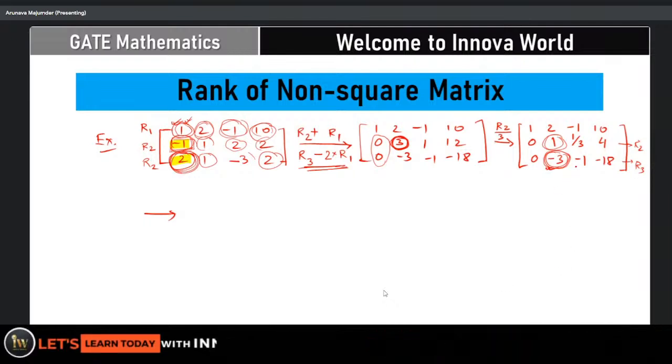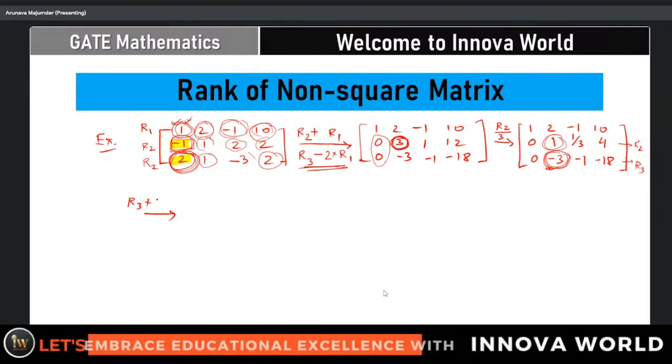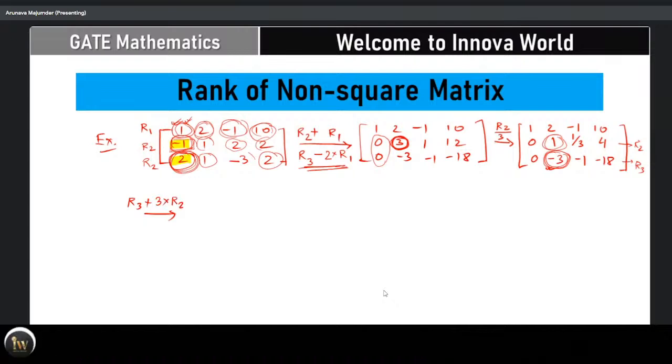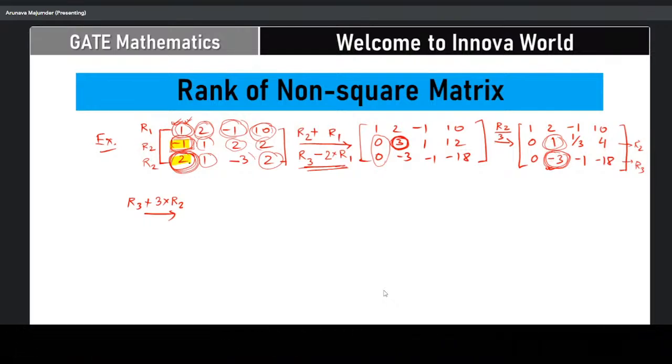The third row is going to be changed. So first we will write row 3. Now second, this element is 1. So simply we will do R3 plus 3 into R2, row 2. So this is minus 3 and this is plus 1. So that is why we have used the plus sign here. Okay, so 3 into 1.